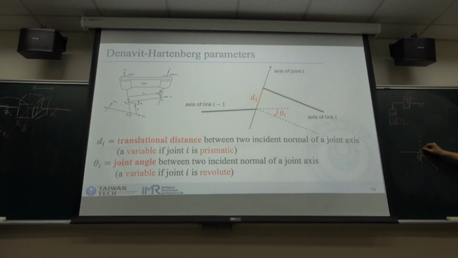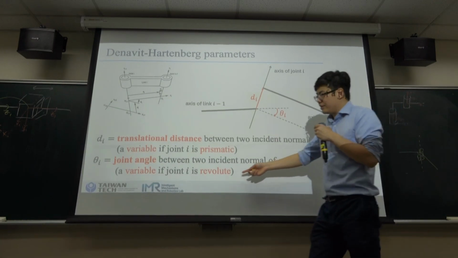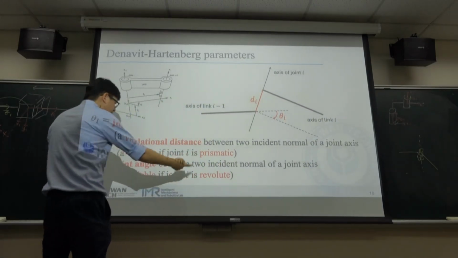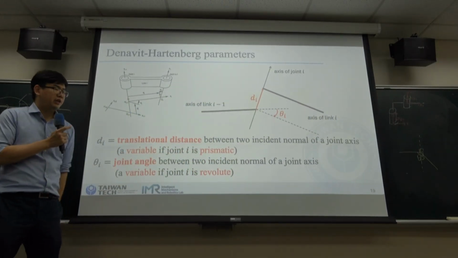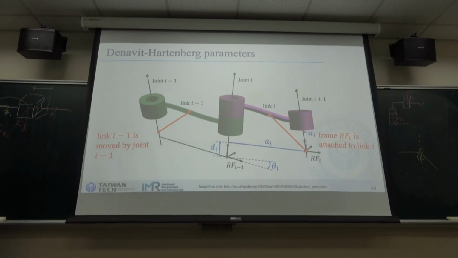So it's revolute, right? It should be a revolute, so we can change the angle between the two links. So theta is usually the variable of a revolute joint.